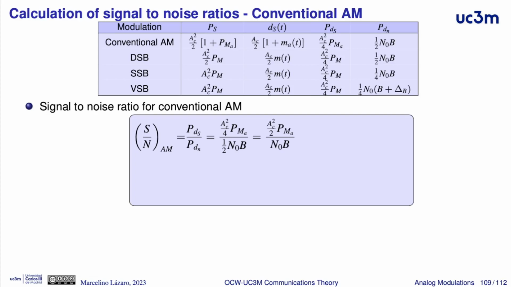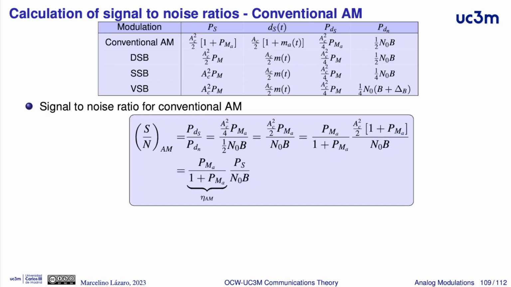Now we want to write this expression as a function of the power of the modulated signal, and because of this we multiply and divide by 1 plus the power of the modulating signal with modulation index A. And regrouping, we can see that now what we have is PS divided by N0 times B times this factor here.